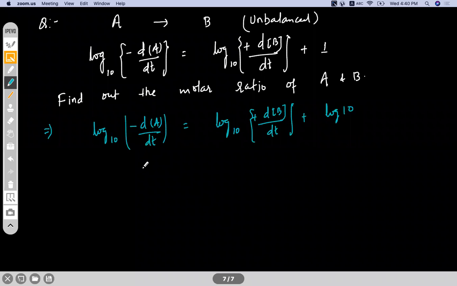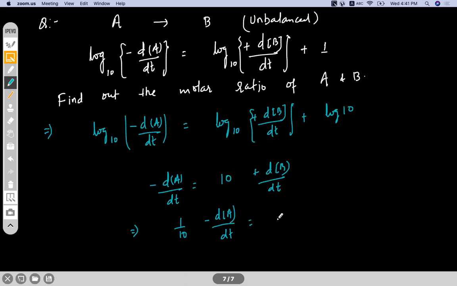So minus dA by dt is equal to 10 times plus dB by dt, which further we can write as 1 by 10 of minus dA by dt is equal to plus dB by dt. So this becomes the stoichiometric coefficient. So the reaction is 10A gives B. So the ratio is 10:1.